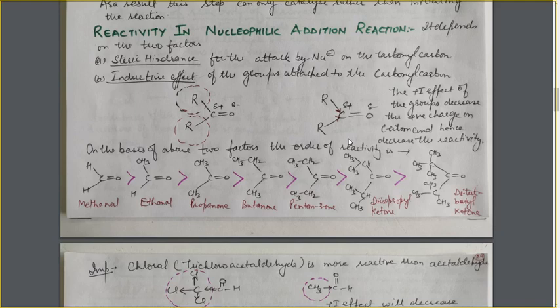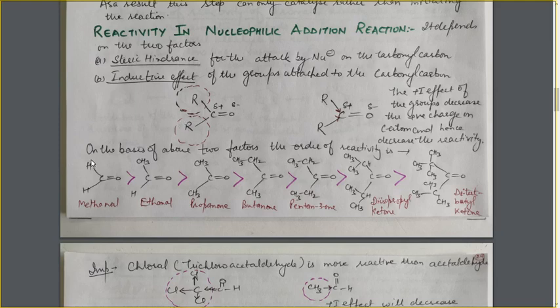So in case of inductive effect, if these two groups are electron donating groups, that is having plus I effect, they will decrease the positive charge on the carbon atom and hence decrease the reactivity. So in this way, these two factors are influencing the reactivity of carbon compounds in nucleophilic addition reaction.